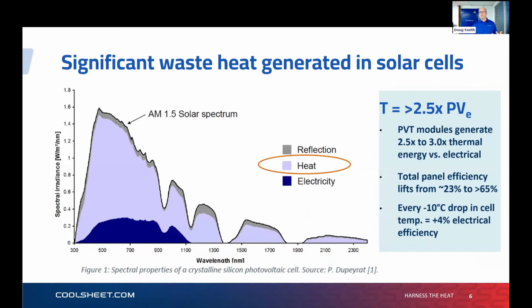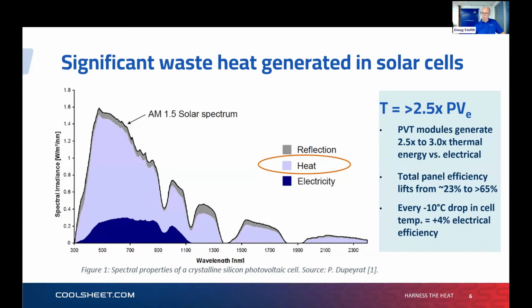So if you can harness that heat, that's the fuel source, which is PVT. And generally, rule of thumb, if you have a 500-watt solar module, depending on latitudes and inclination, all the system parameters, you should be able to extract about 2.5 times, maybe up to 3 times that figure in thermal energy. So about 1,250 watts thermal, maybe even up to 1,500, depending on system parameters.